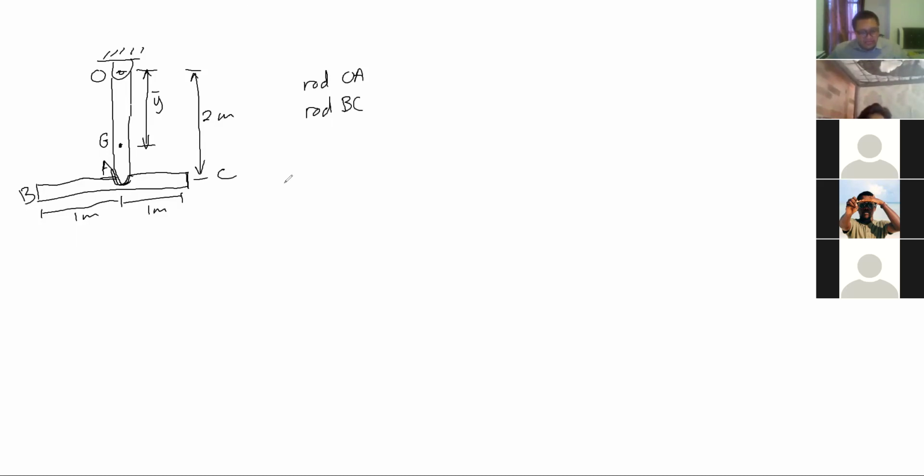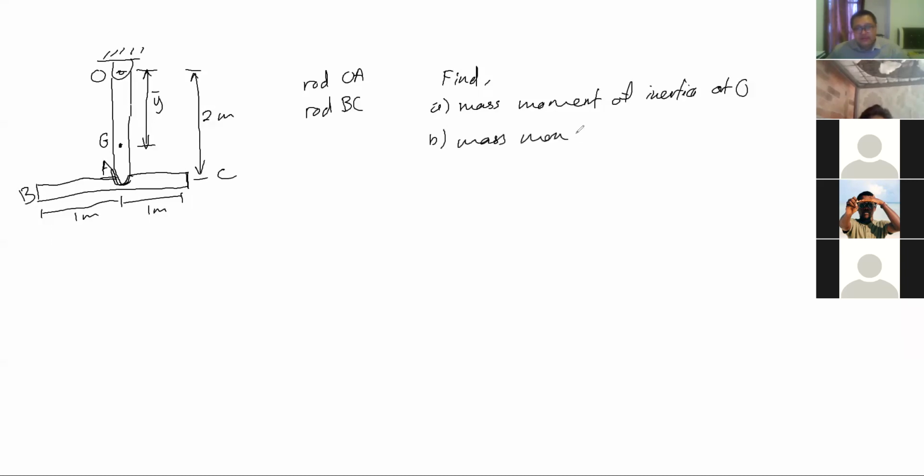Okay. Now, we need to determine first the mass moment of inertia at O, and then the mass moment of inertia at G. Okay, first here and then here.